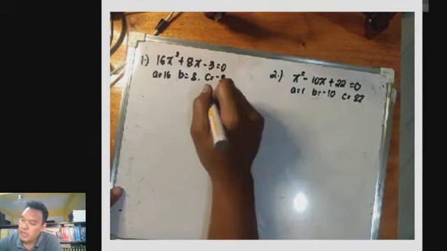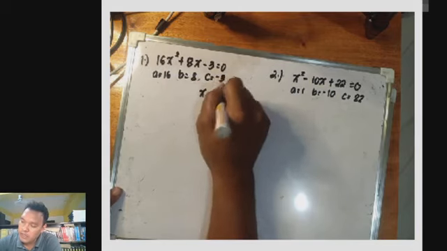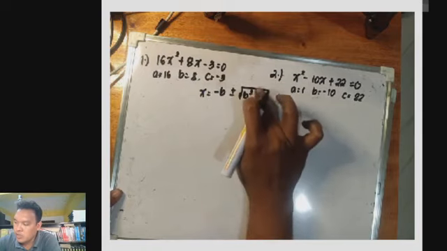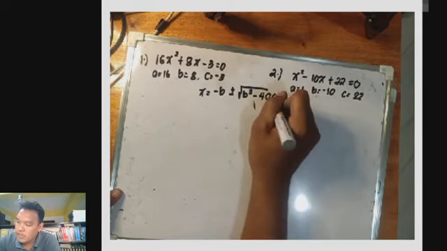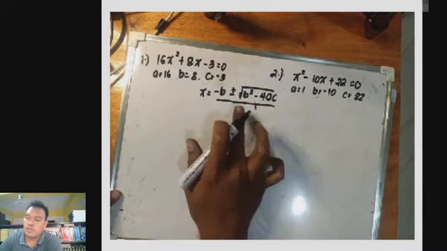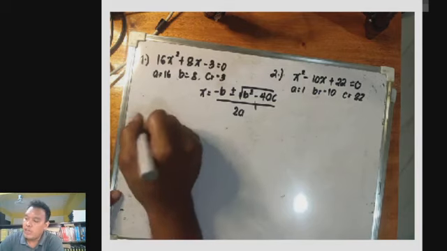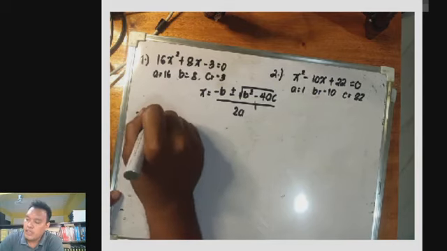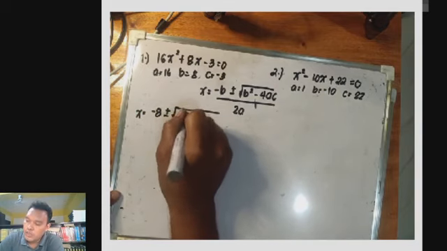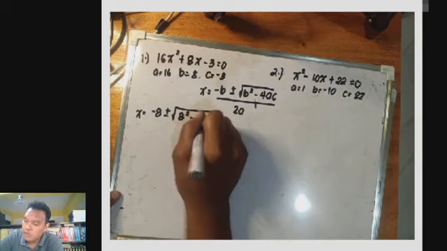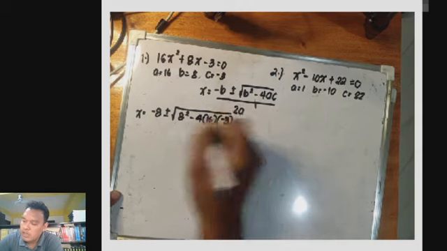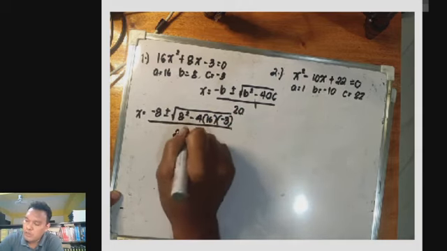Okay, so we have the formula x is equivalent to negative b plus or minus the square root of b squared minus 4ac over 2a. Then substitute the values here and here. So we have x is equivalent to negative 8 plus or minus the square root of 8 squared minus 4 times 16 times negative 3, all over 2 times 16.